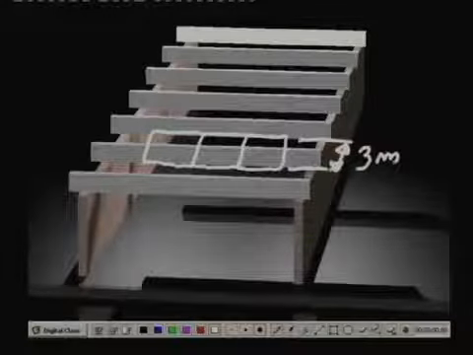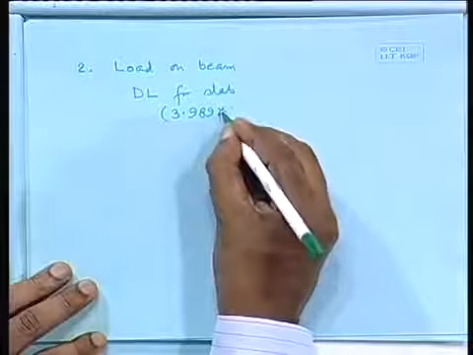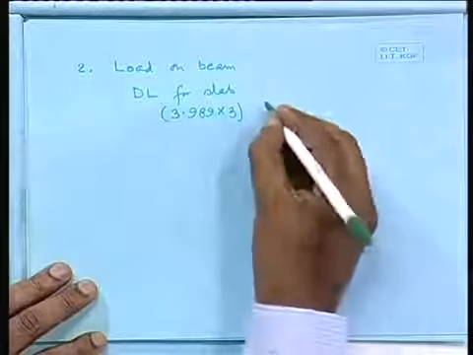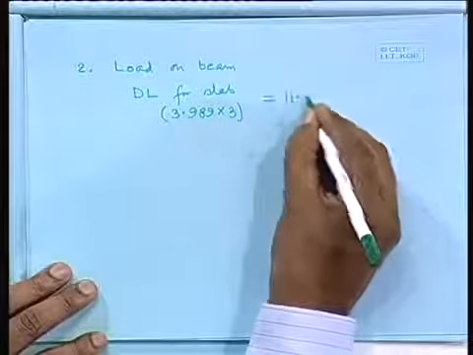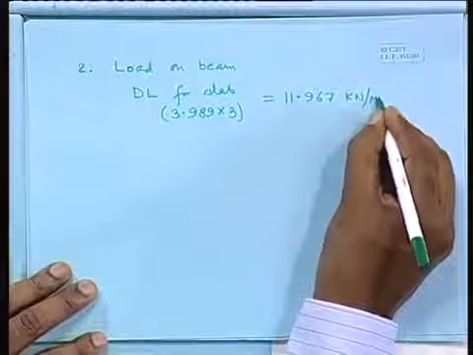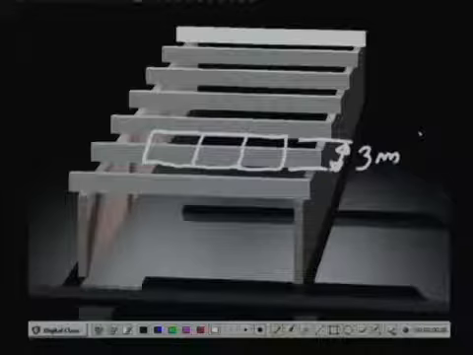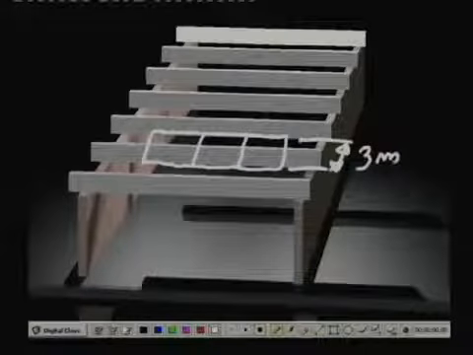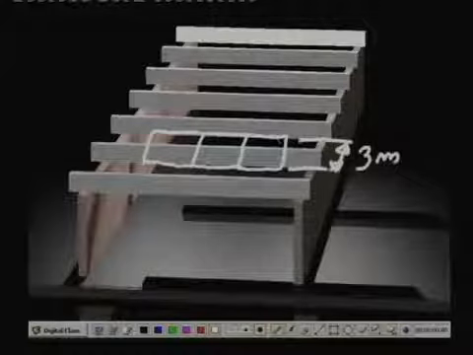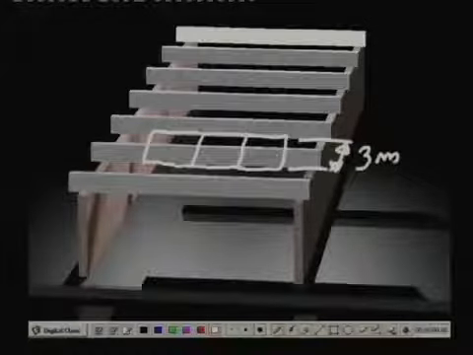So per unit length it will be 3.989 times 3, which comes as 11.967 kilonewton per meter, multiplied by this width.